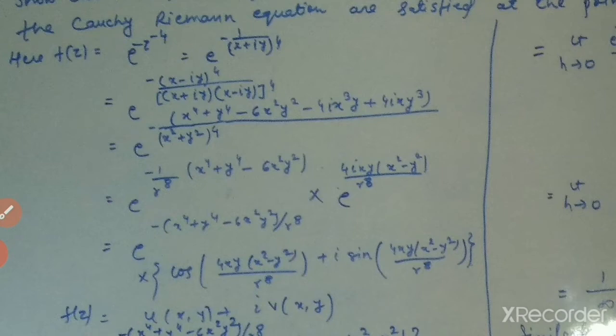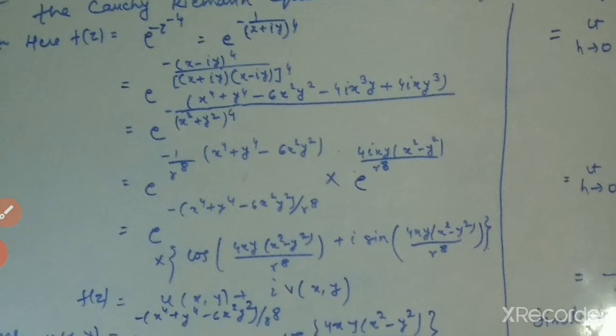What we have here is e to the power minus (x^4 + y^4 - 6x^2y^2 - 4ix^3y + 4ixy^3) divided by (x^2 + y^2)^4.